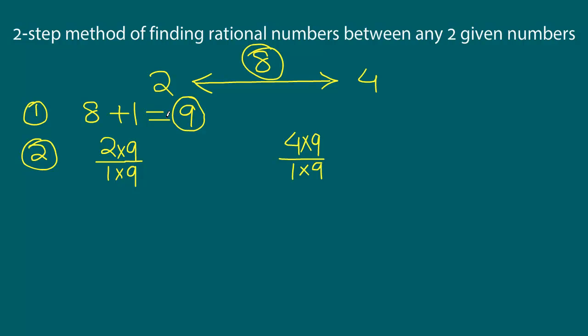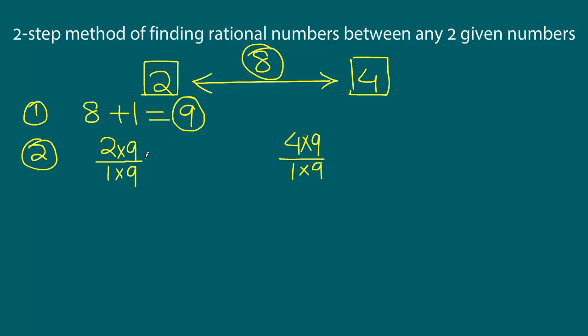Now, one very important observation: when we multiply both the numerator and denominator by the same number, we are basically multiplying by 1. And when we multiply by 1, we don't change the number. This is very important because our original numbers are 2 and 4, and we need to find 8 rational numbers between 2 and 4. We cannot change 2 and 4.